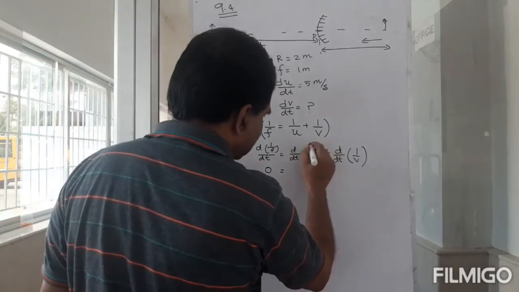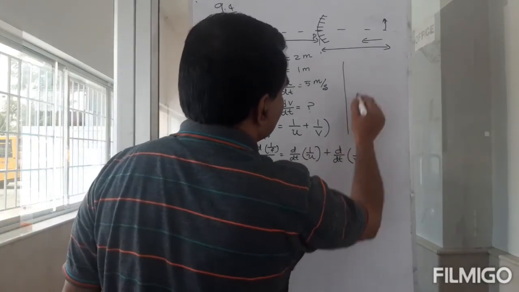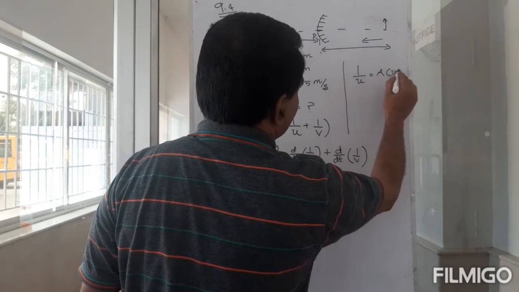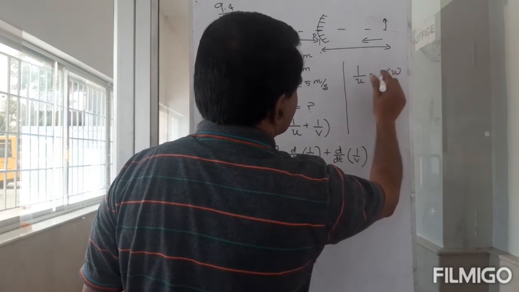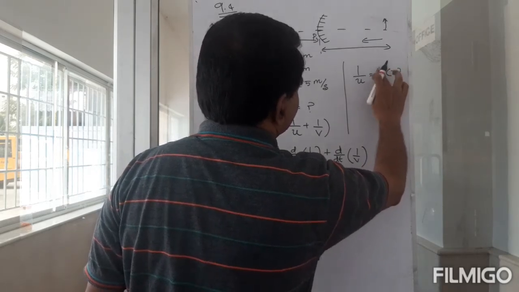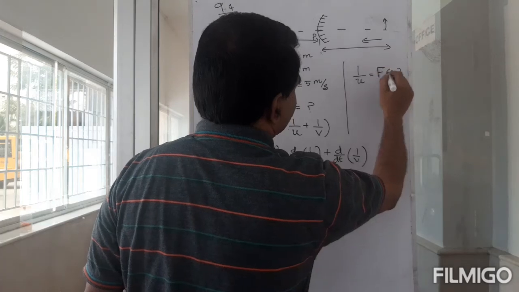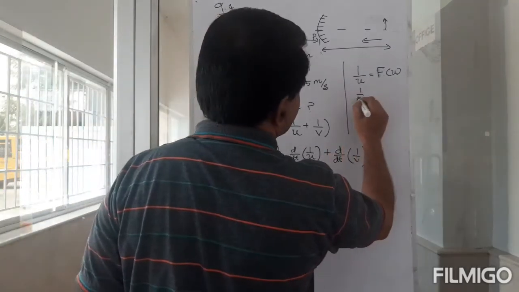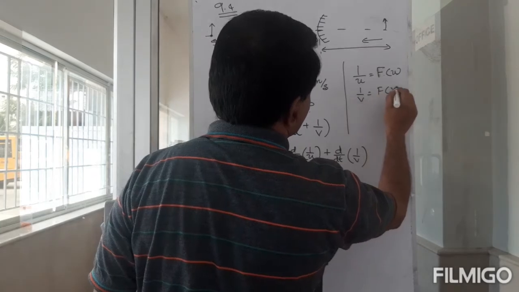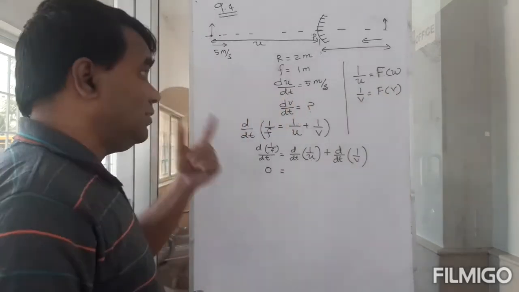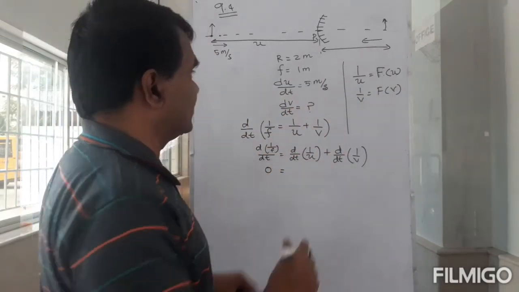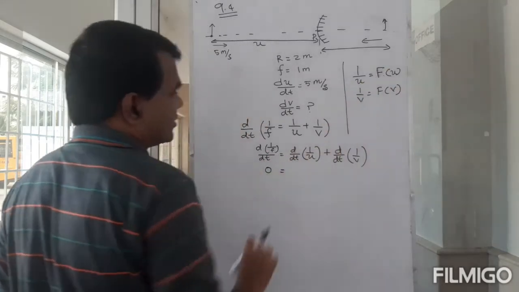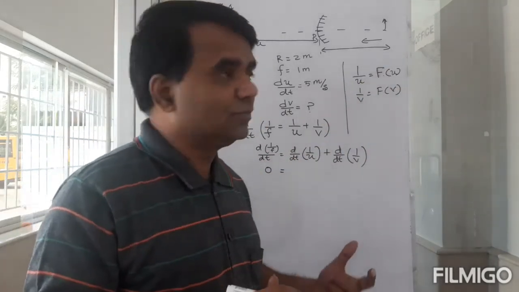I'll call 1 by u a function of u, and I'll call 1 by v a function of v. But notice that I'm going to differentiate a function of u with respect to time. So what would I do?